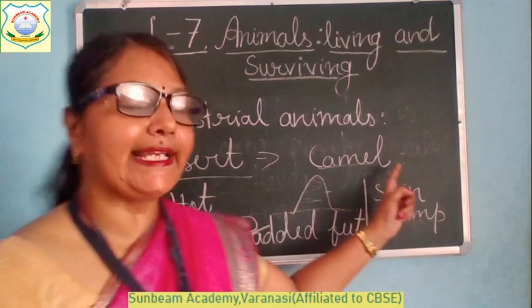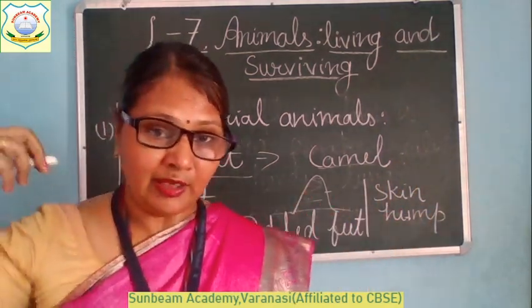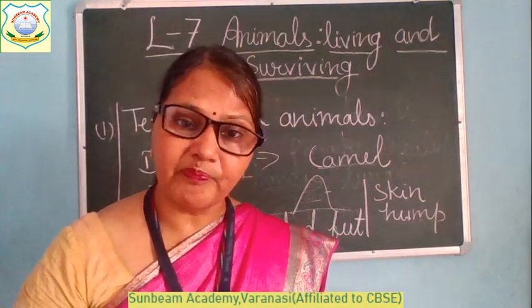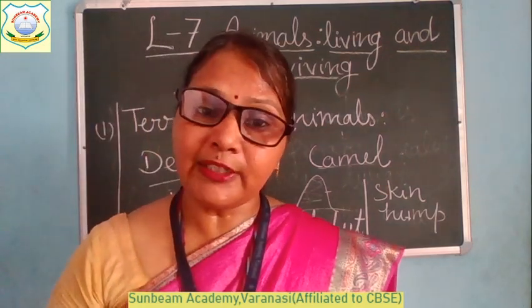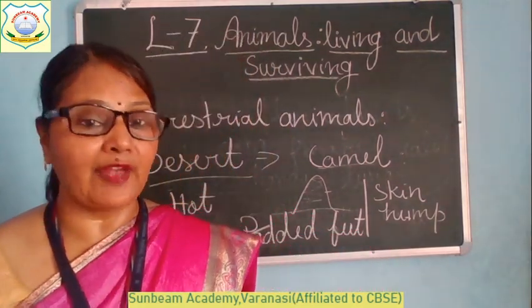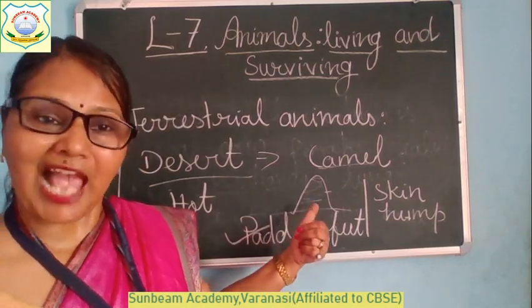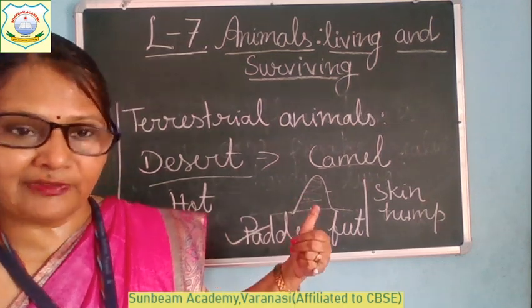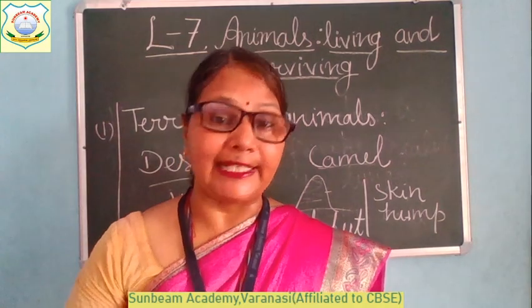और क्या होता है? Thick skin होता है. And it has a hump-like structure. उसके back में एक ऊंचा सा structure. What is the use of the hump? When there is extreme cold temperature, what do they do? They use the fat stored in this hump. Okay, the hump में stored fat होता है, उसको लेके वो, and in the desert there is a crisis of water.